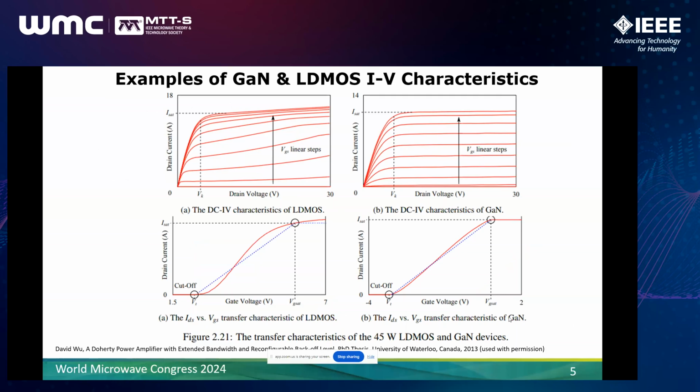We can see the family of IV curves, and then the current versus VGS on the bottom 2 plots. Now, to first order, our assumption of a constant GM doesn't look too bad. The current has more of an S shape, but still to first order, I think our assumption of a constant GM is fairly valid.